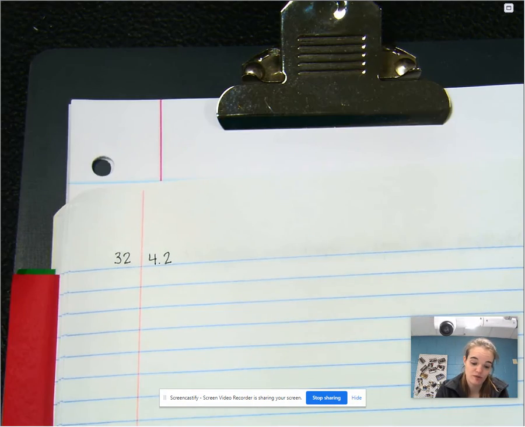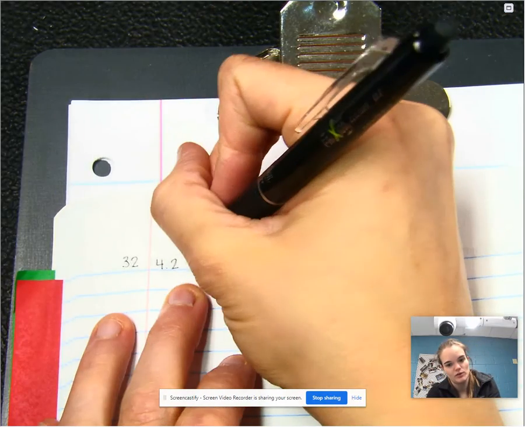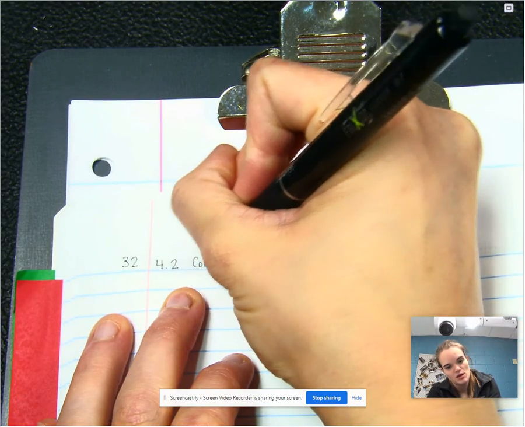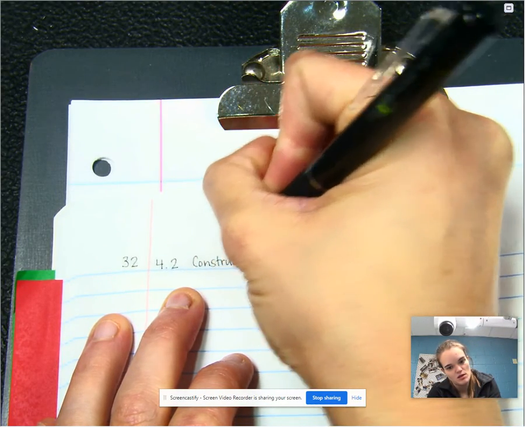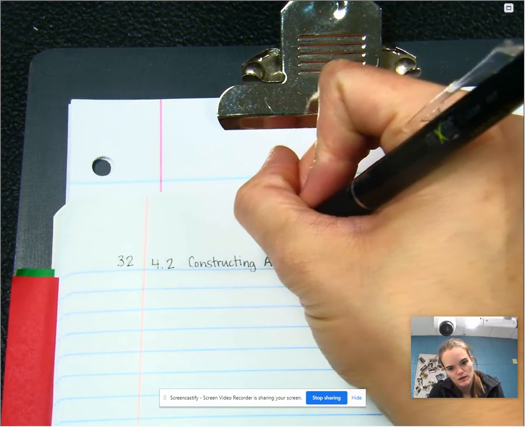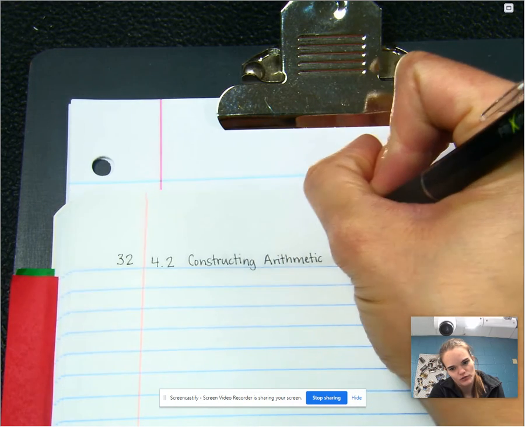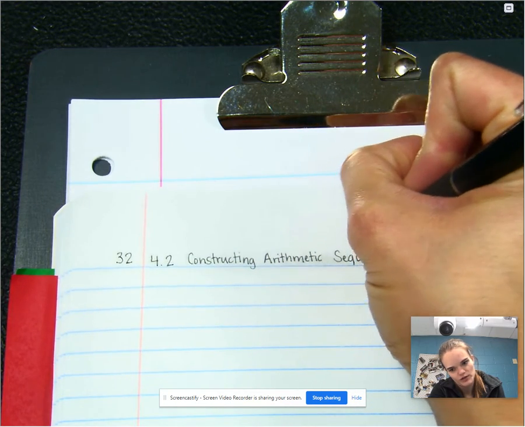Let me check. We should be filling out our tab and always forget to. Constructing arithmetic sequences. That's also the title for 33, and we will do both 32 and 33 today.